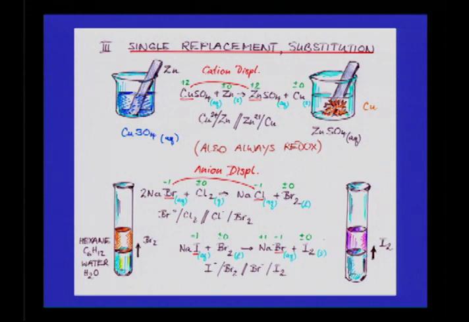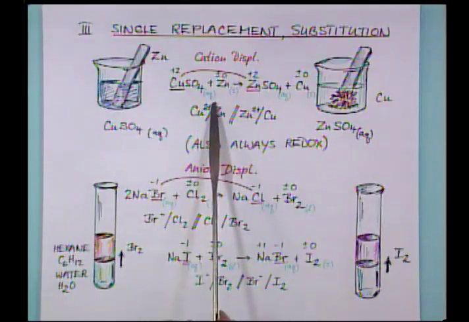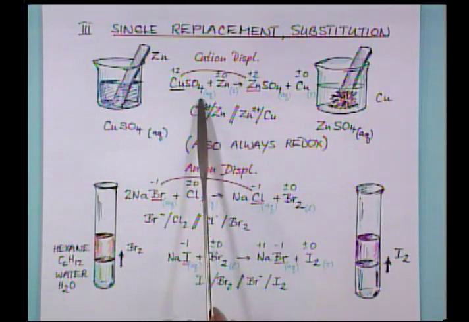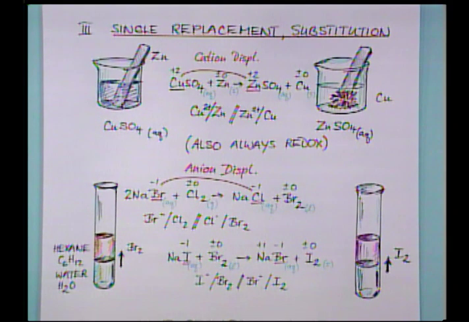So you see, this is what we call a cation displacement, because the cations of the salts or the ionic compounds here have been replaced or exchanged. Notice that we use the terminology AQ for aqueous.